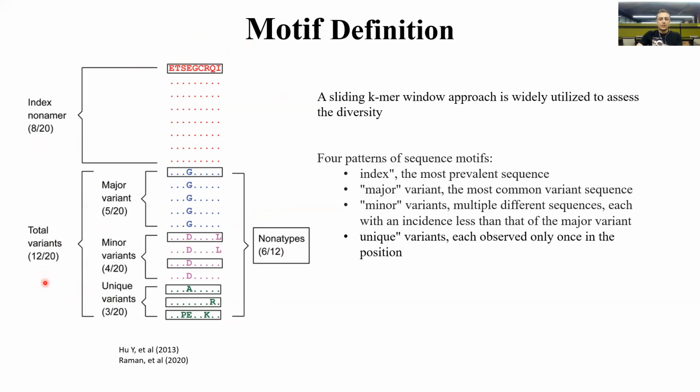And within these variants, we have this major variant with a frequency of 5 over 20. And then these are unique variants only observed once in this position. Anything in between is a minor variant. And these nonotypes are just a measure of the distinct variants at the position. For more information, you can refer to these 2 references from our lab.